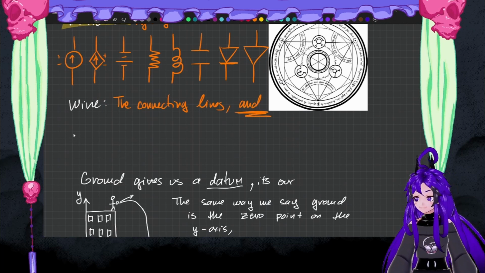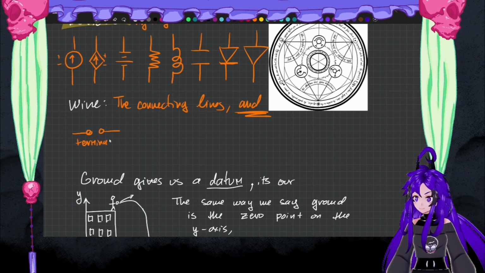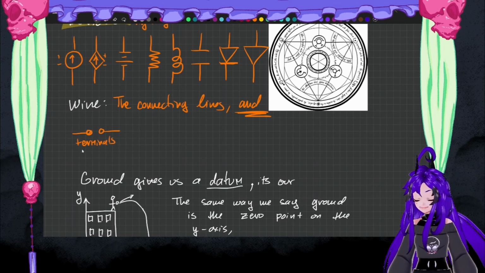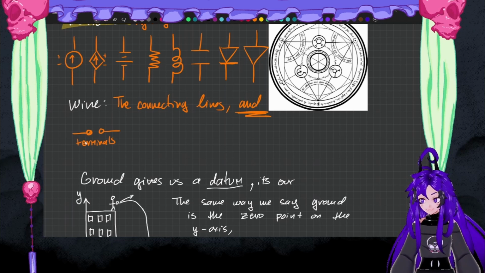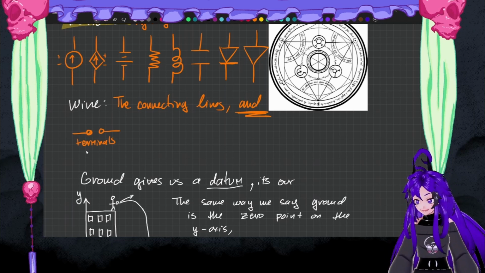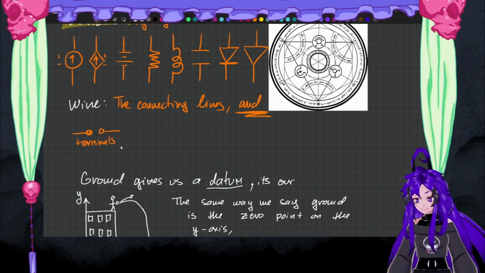It is this. These are called terminals. And they terminate a wire. They indicate that a wire ends abruptly without connecting to anything. It'll be useful for later, I promise.